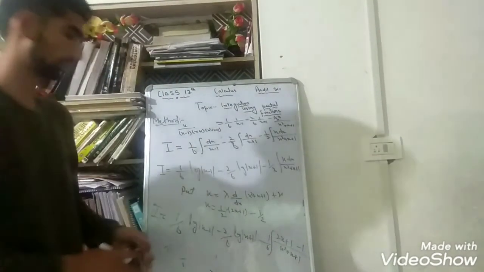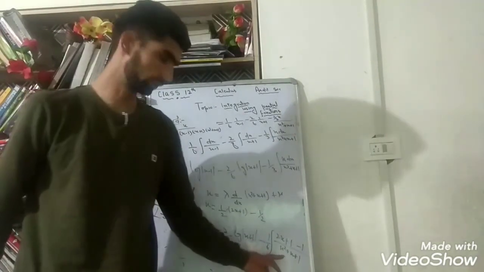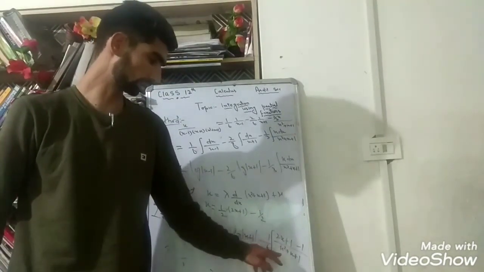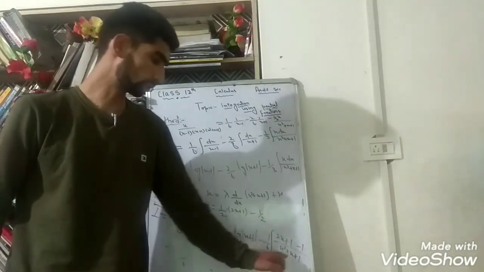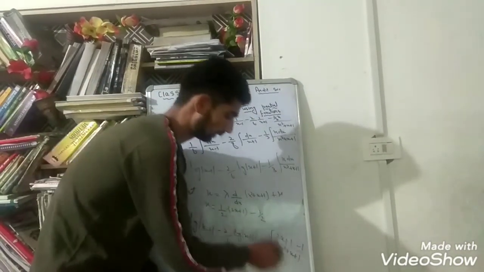Now you will put this to t. When you put this to t, you will get (2x plus 1) dx is equal to dt, and you will get this integral after this.